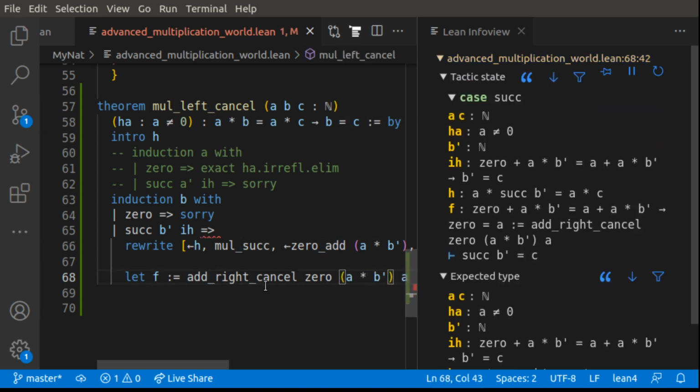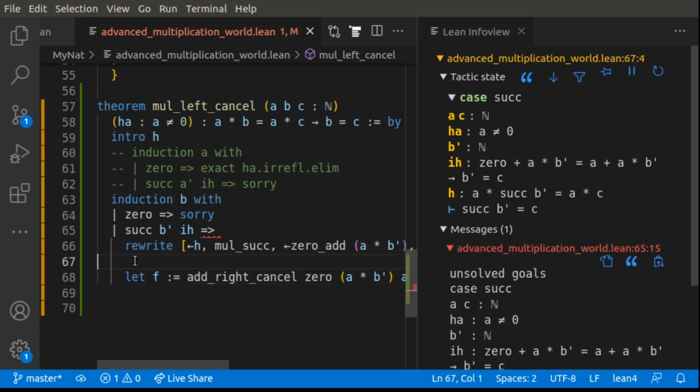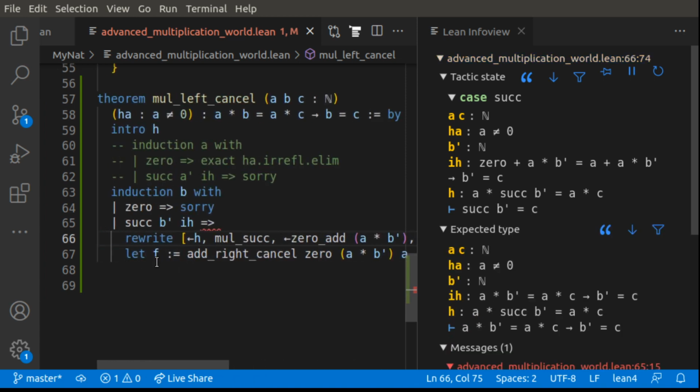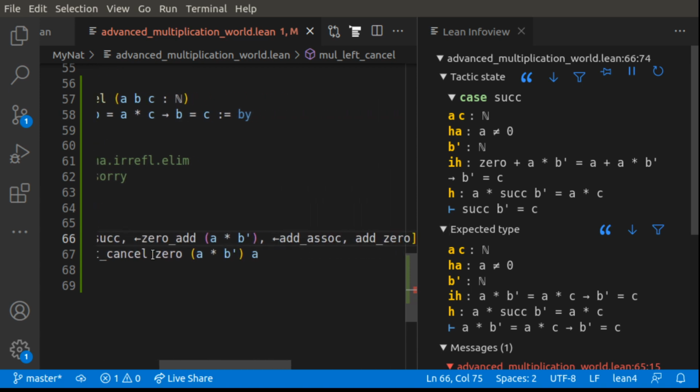Plus b prime. Okay, what is F? F implies this, 0 equals a. So if F finds that, we get 0 equals a.